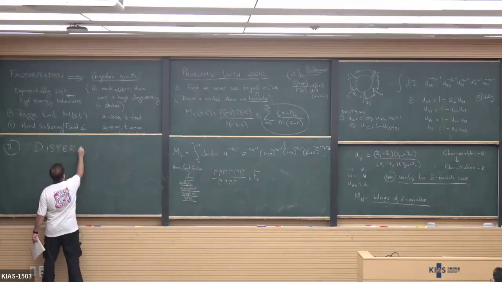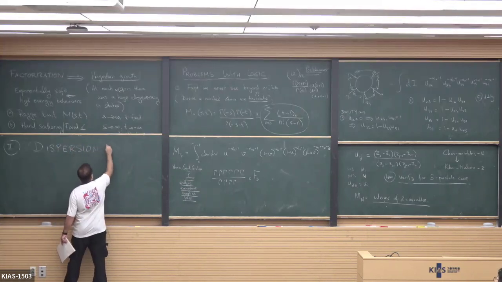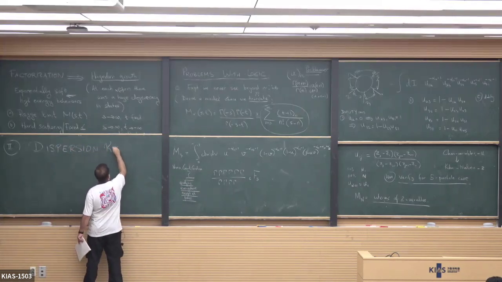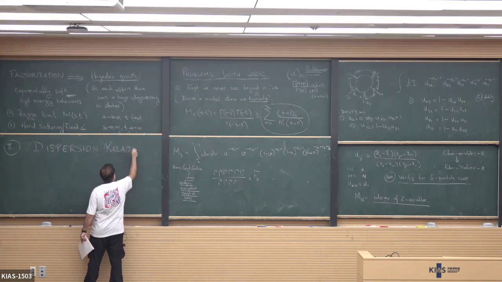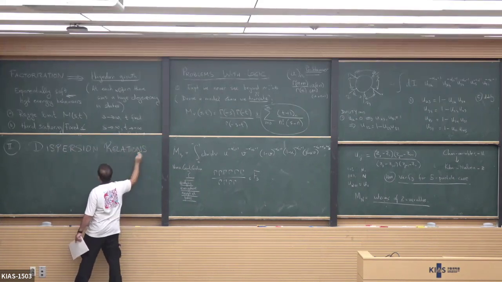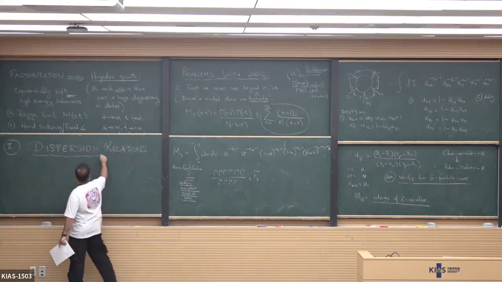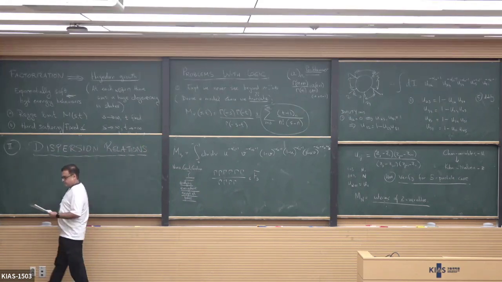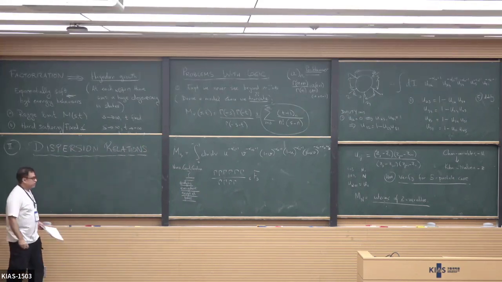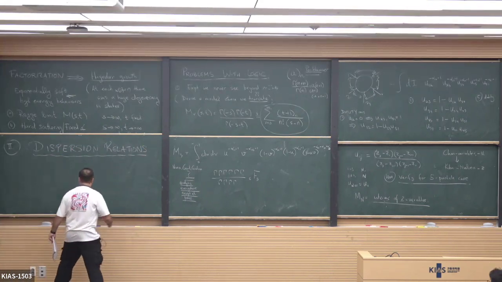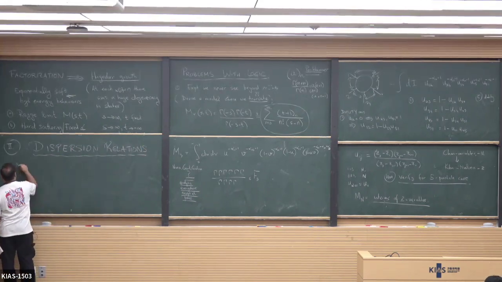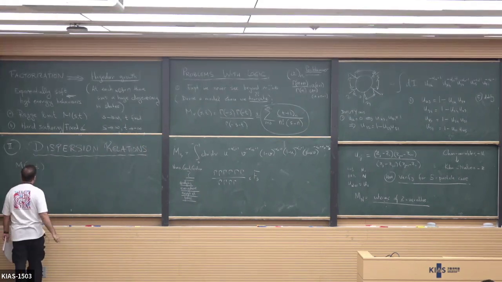So I'm going to talk about dispersion relations. There are various kinds of dispersion relations. My dispersion relation is going to talk about the 2-to-2 scattering amplitude.